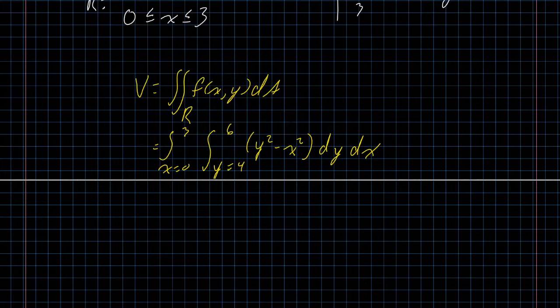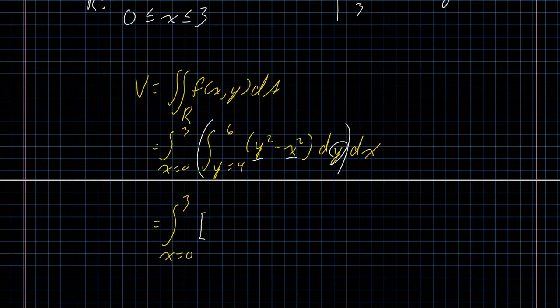Y can change. And while we're integrating with respect to y, we treat all of the other variables, like the x that appears here, as constants. But again, we're just dealing with this inner integral. We're integrating with respect to y. So y is a variable, x is a constant.